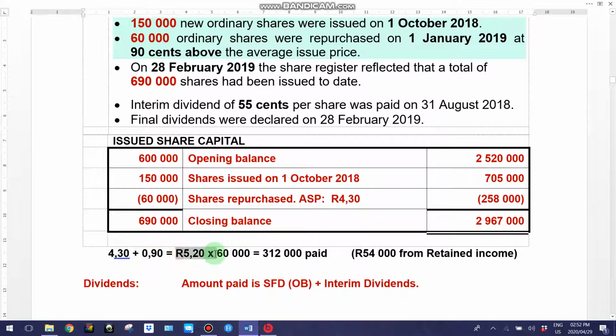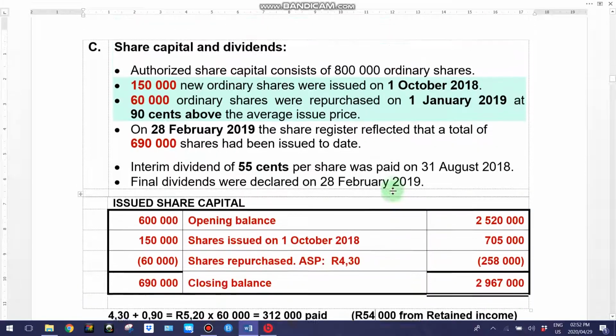So I actually paid R5.20 for each share, and therefore the money that I spent to buy back the shares was 312,000 rand. I have to take the amount from the ordinary share capital and the retained income part to get the amount that I spent to buy back shares. And this information here I don't really need, but just out of interest, you can see that I spent 54,000 rand from retained income towards this repurchase of shares.